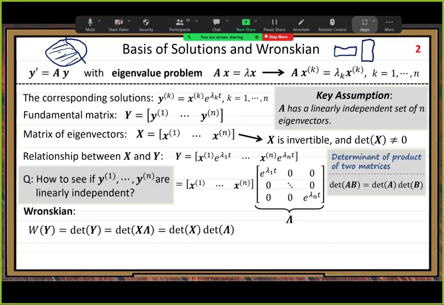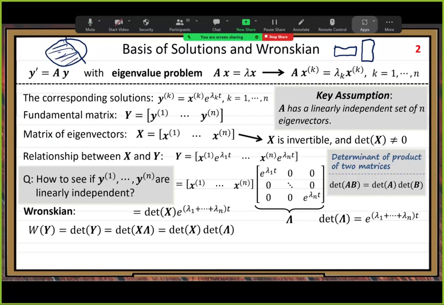That gives the E functions, adding up all the eigenvalues multiplied by t. Then for X, we already know the determinant of X is non-zero. The E function can never be zero.